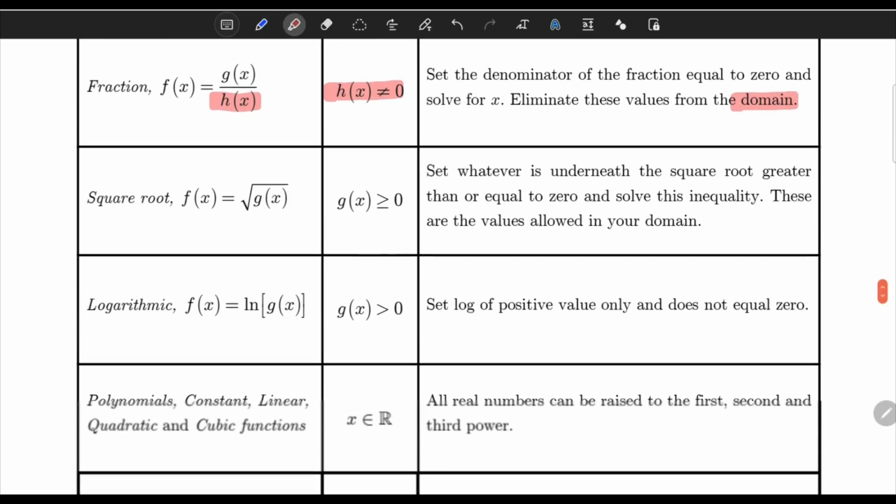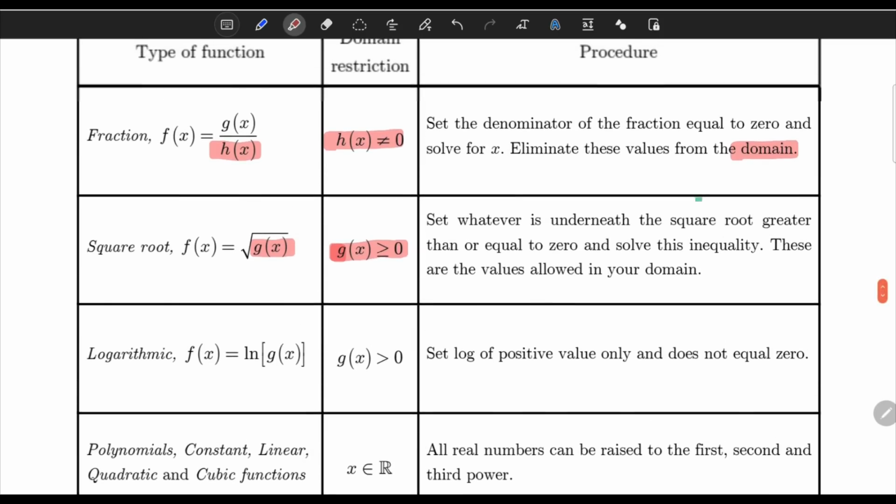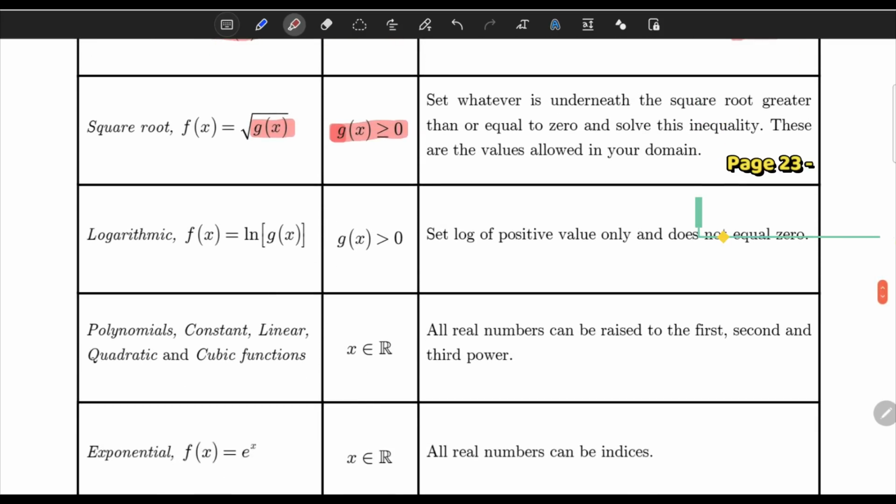Okay, if you have a square root function, so under the square root, the g(x) here will always be greater than or equal to 0. So that's where you get the domain, right? So for logarithmic, so we've done several just now. So the g(x) here must be greater than 0. There's no equal because log of 0 is undefined.